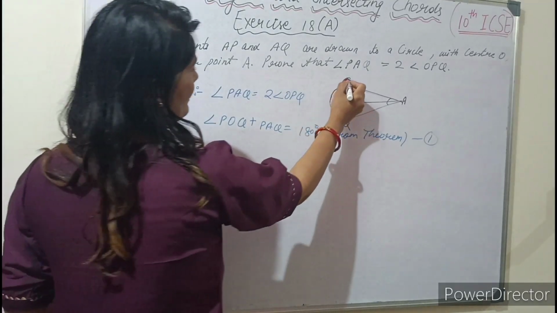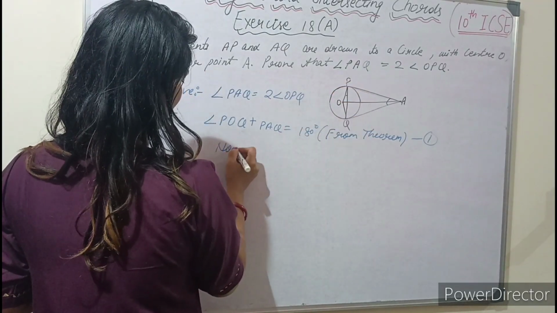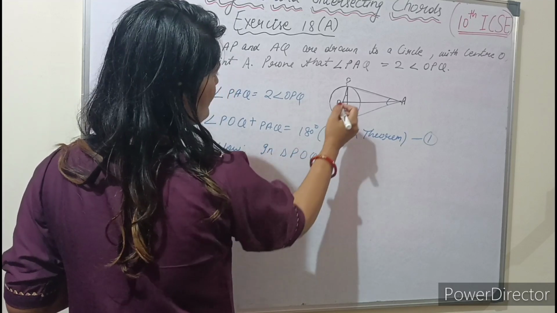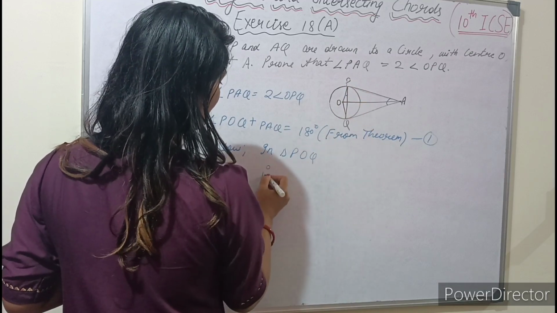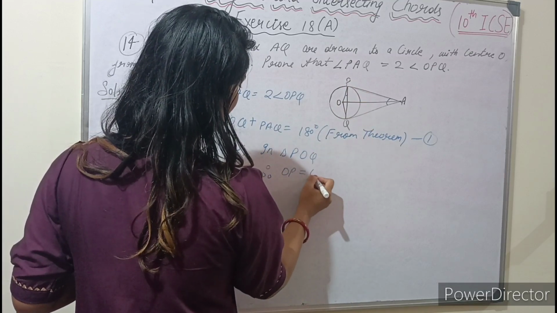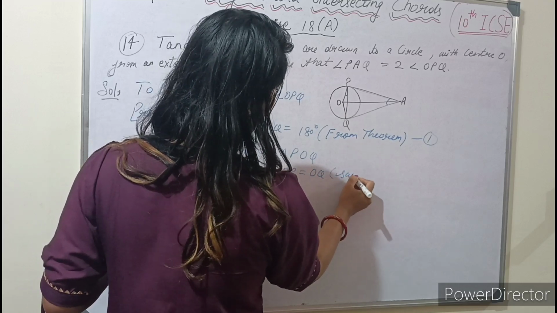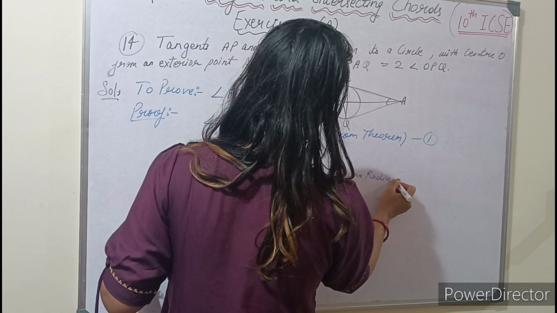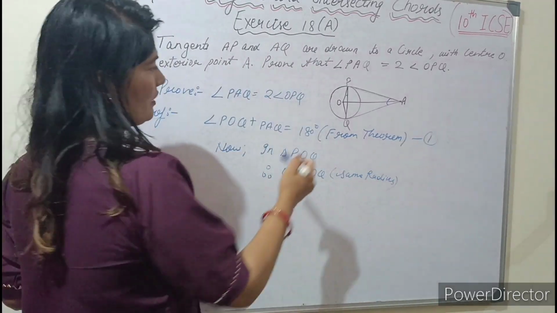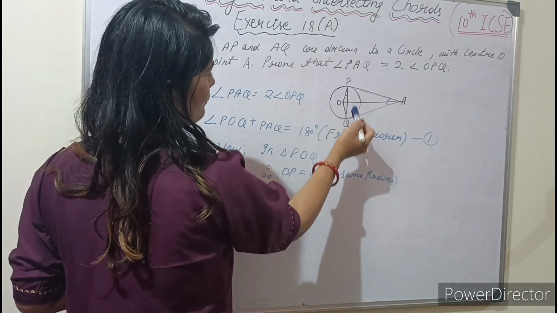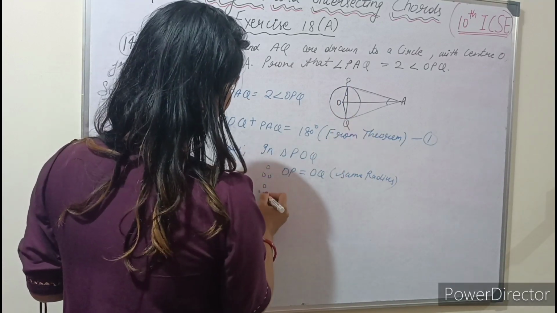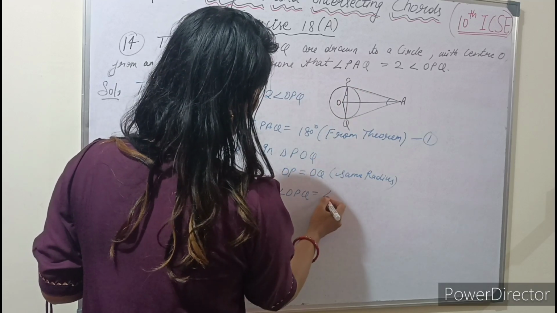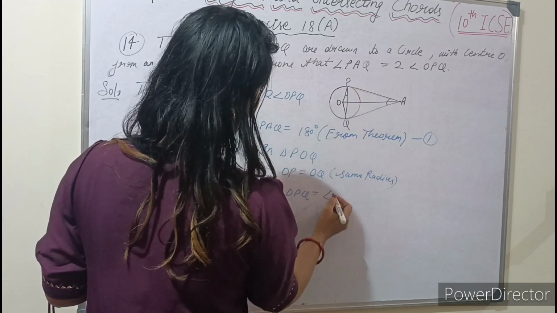Now in triangle POQ, since OP and OQ are the radius, therefore we can write OP is equal to OQ, equal radius, or we can write same radius. So if the sides are equal, here OP is equal to OQ, therefore we can write that angle OPQ is equal to angle OQP.